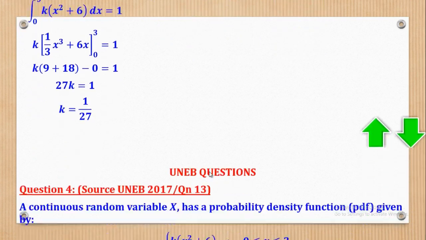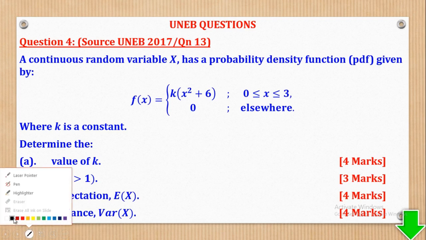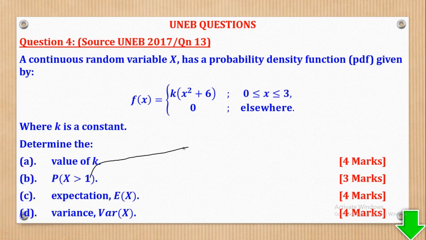Now when you go to part B they want the probability of x greater than 1. What does that mean? Like I said, x greater than 1 means that 1 is the smallest, so 1 or more. Now the question is, where do you stop? You stop at the largest value. Therefore you're going to integrate from 1 up to the largest value, which is 3.